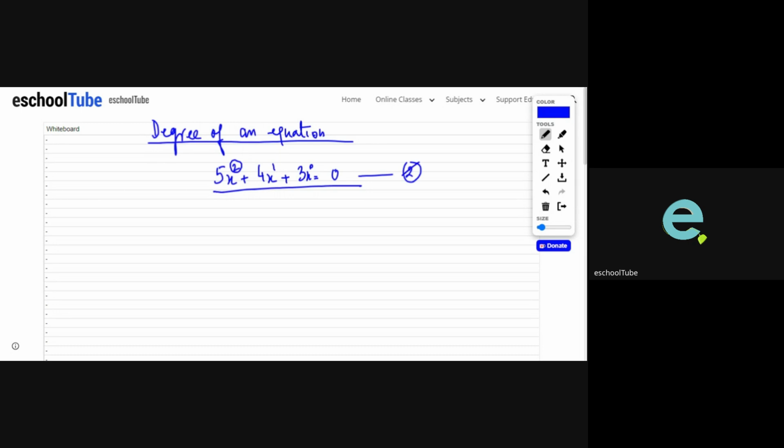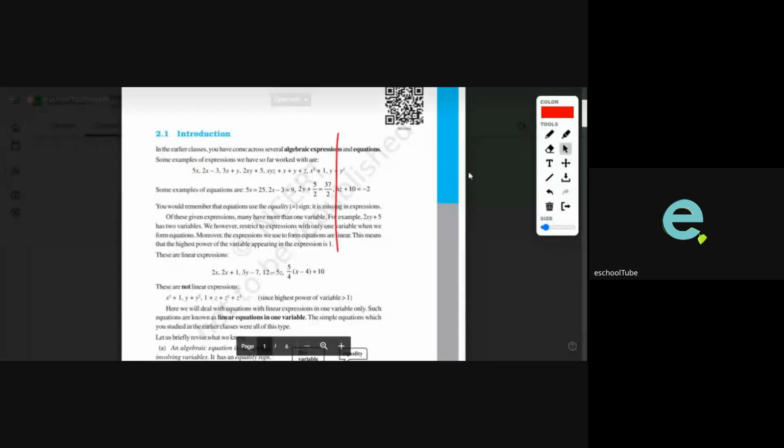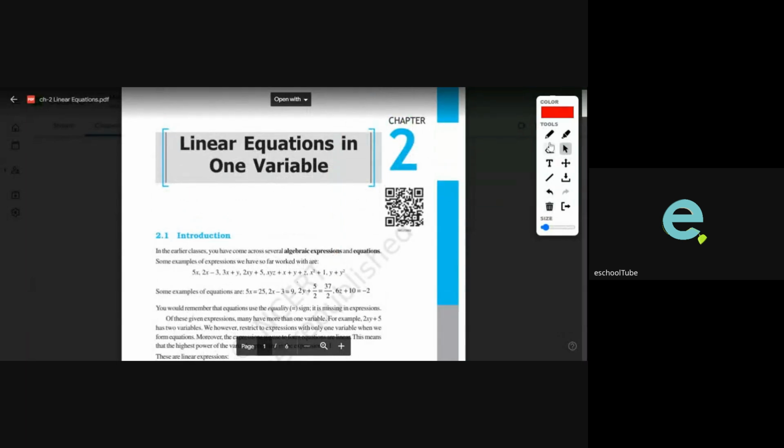And if the degree is 1, then we call it linear equation. So we are studying only linear equation, and that too in one variable. Okay? Linear equation in one variable. So the degree is 1, and variable is also 1.